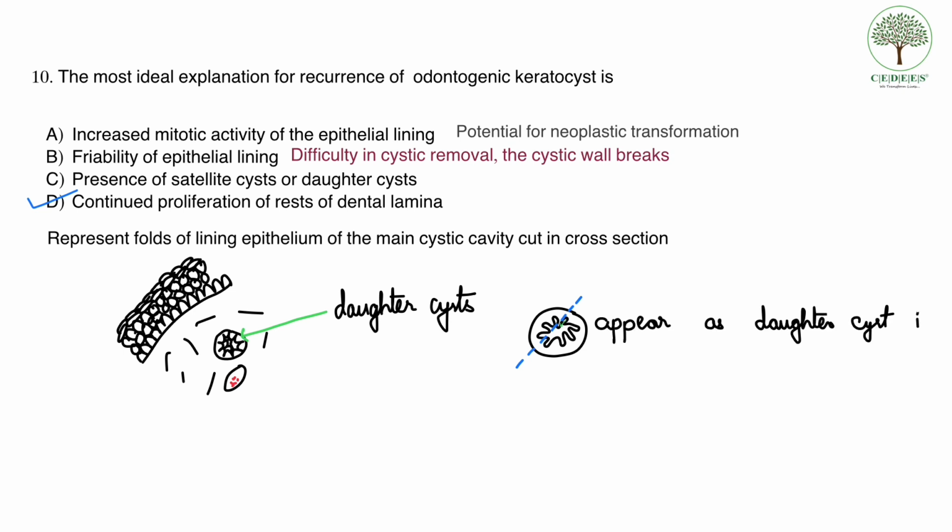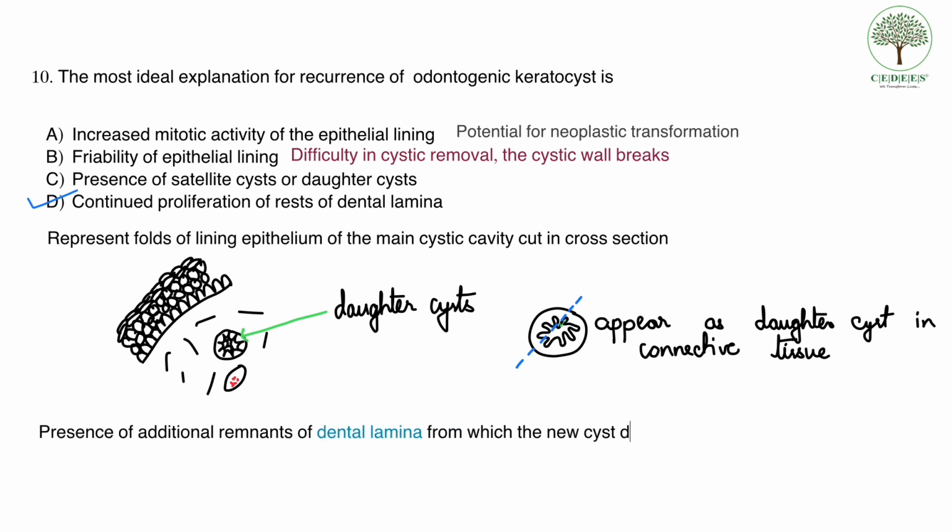So it was a processing error, as you can see in this rough diagram here. The last option is continued proliferation of cell rests of dental lamina. So Brown in his study found that the presence of additional remnants of dental lamina in the region where the cyst was, was the main cause from which the new cyst developed.